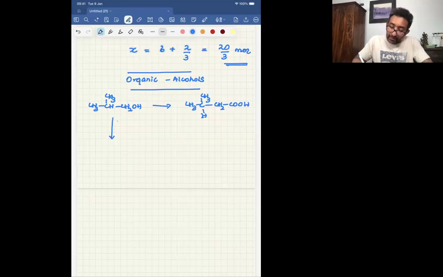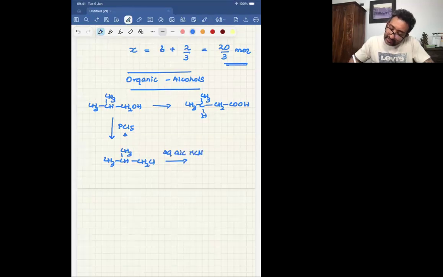First, you have to increase the number of carbon atoms. PCl5, heat, or PCl3, HBr, any of them will do. CH3 and you get CH2Cl. And then you add aqueous alcoholic KCN, heat. Just write the reagents. Now CH3 CH2 CN.